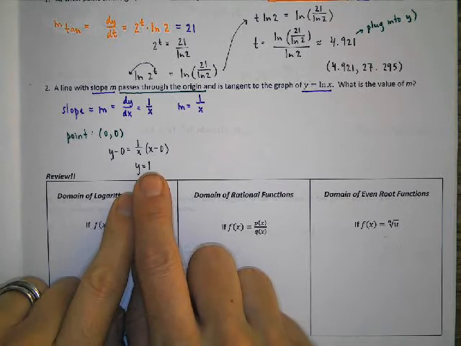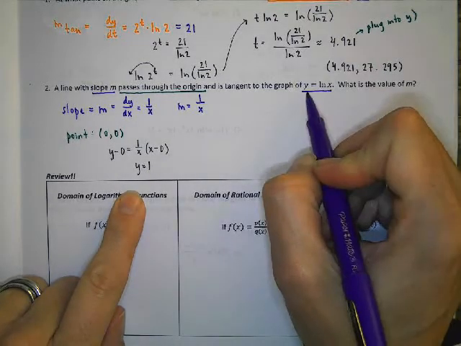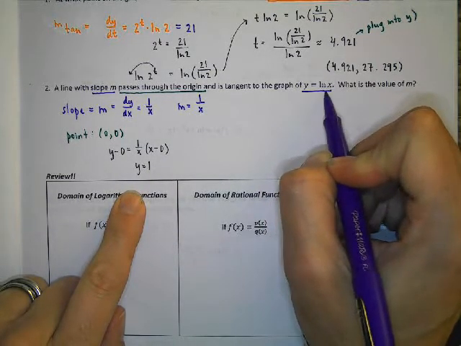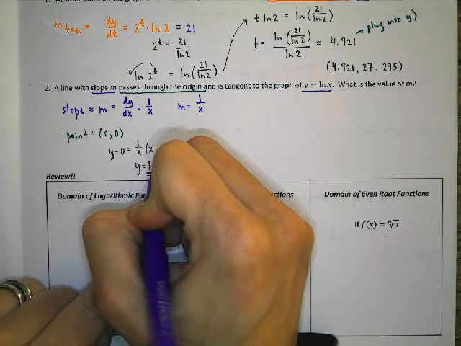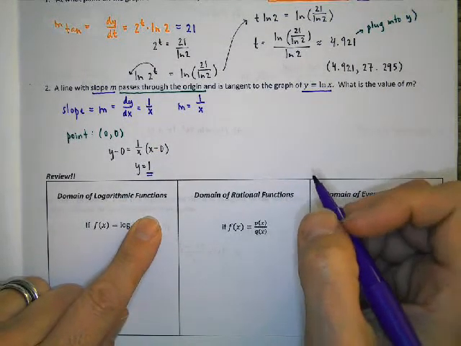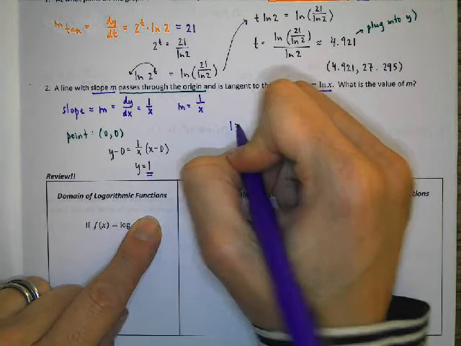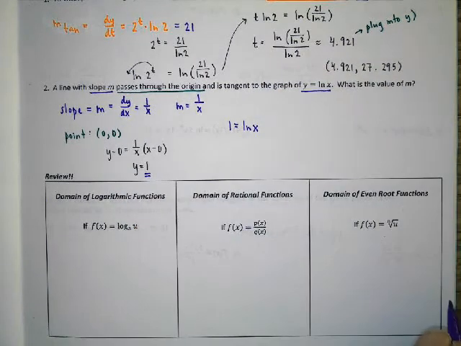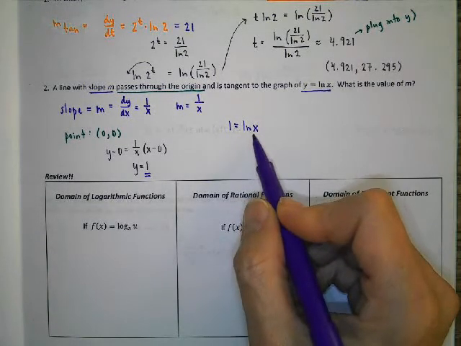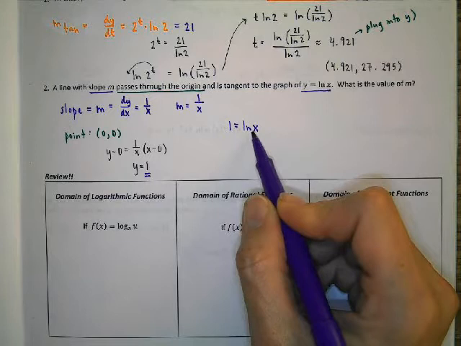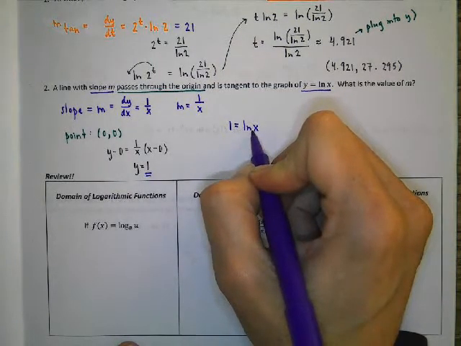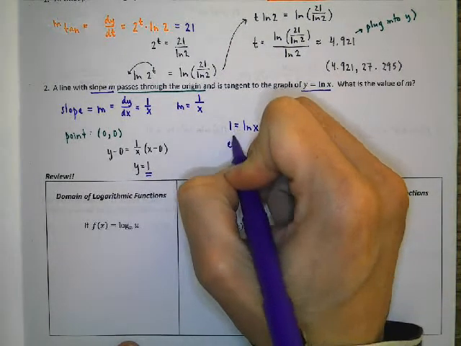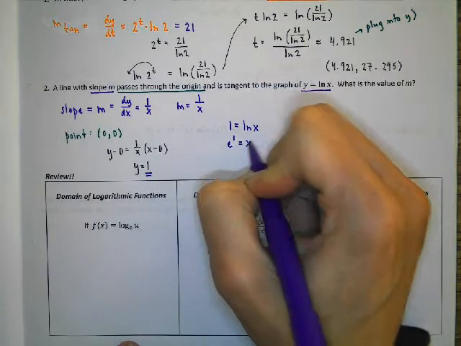So now I can go back to my equation, y equals the natural log of x, and I can take this value 1, and now I can say that 1 is equal to the natural log of x. Now, I know natural log has a base e, so I'm going to convert this to an exponential, and what I know is e to the 1 is equal to x.